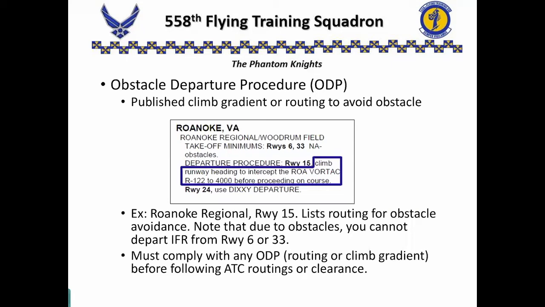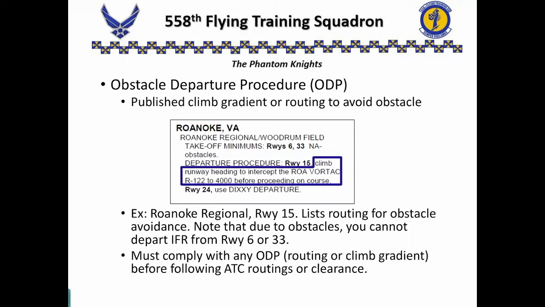What's interesting is if you look just above that, you'll see that there's a note with non-standard takeoff minimums. It says that on runway 6 and 33, NA for obstacles. And what that means is we cannot depart IFR from runway 6 or 33. We must comply with any ODP, whether it's a routing or a climb gradient, before we follow any other ATC routings or clearances.